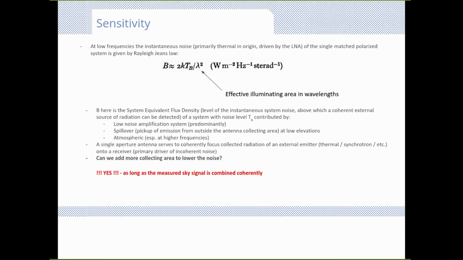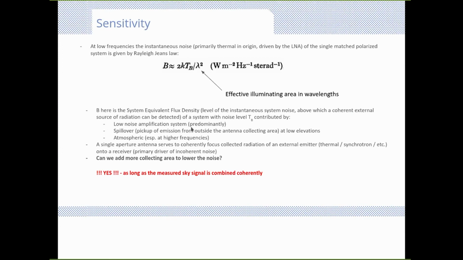We do that with this low noise amplification circuitry, and that circuitry can essentially be thought of as a glorified capacitor. That circuitry is going to have some resistance. It's going to have some temperature, and that is captured in this T of B here.